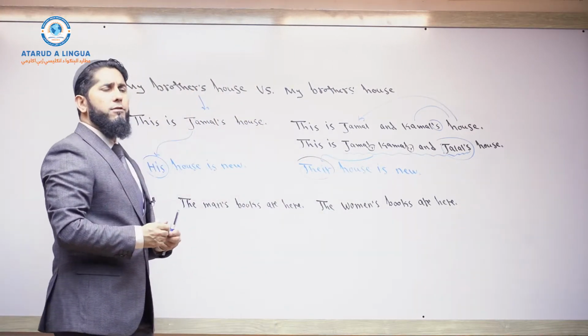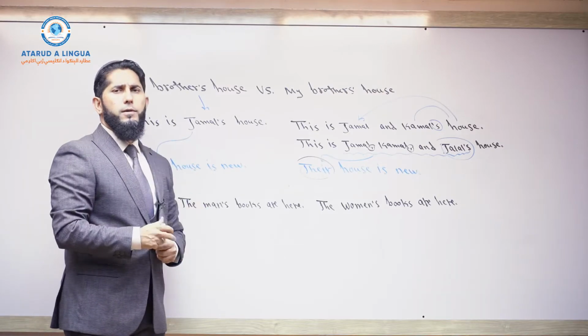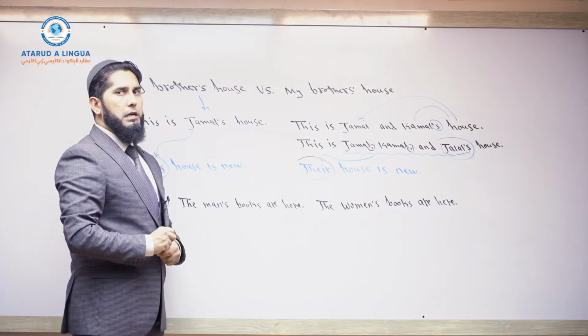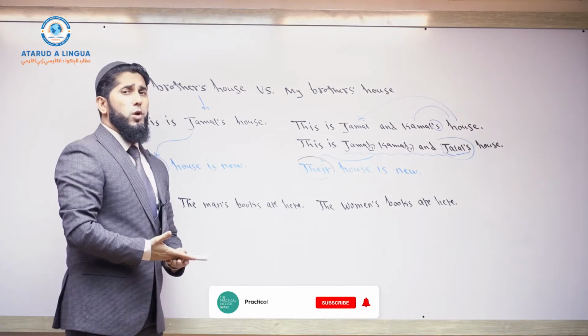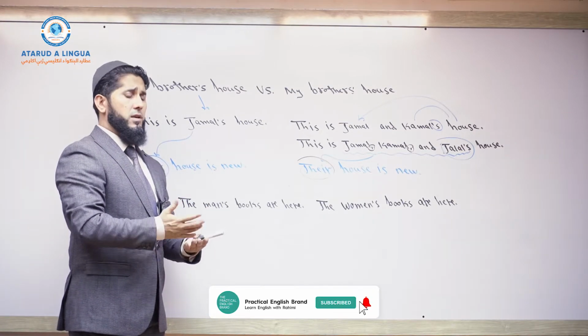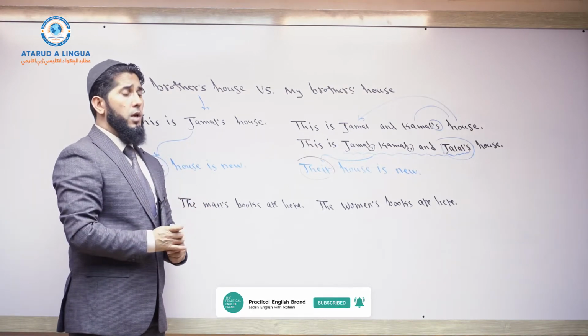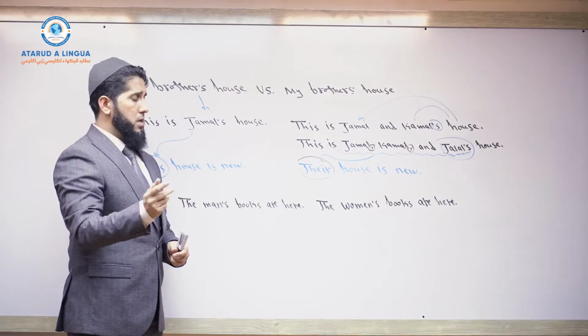Now, we have irregular common nouns as well in the English language. And I hope you already know when we want to make regular countable common nouns plural, we add s or es.